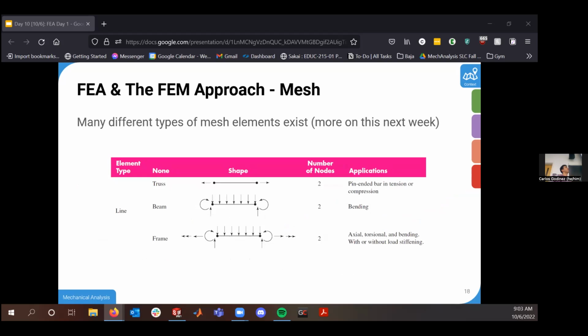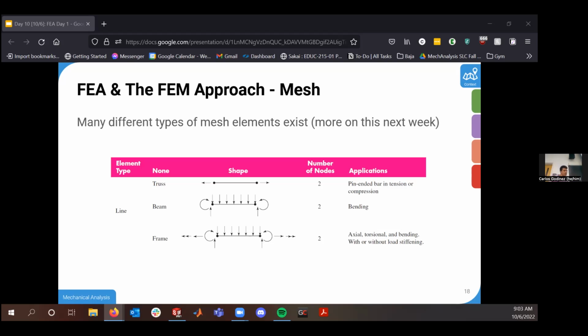For a beam element, I could then say, okay, now I can move axially, I can move up and down, I can translate, and I can also rotate in this specific direction. For a frame element, so here I had 1 degree of freedom per node, here I have 3, and then for a frame element, I have 6 degrees of freedom, where each node can translate in X, Y, and Z, and also rotate: yaw, pitch, and roll.